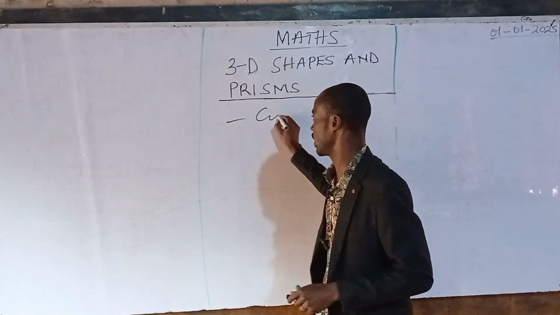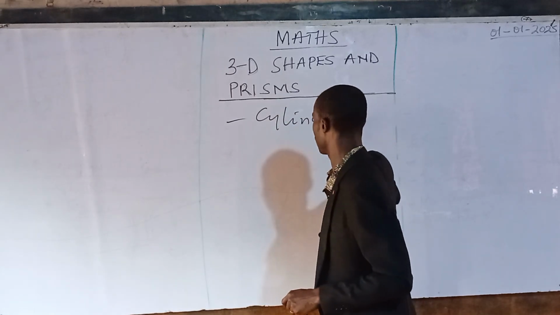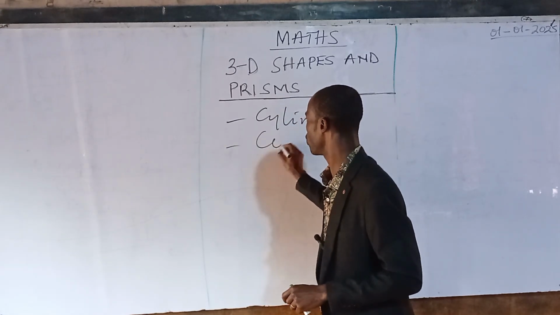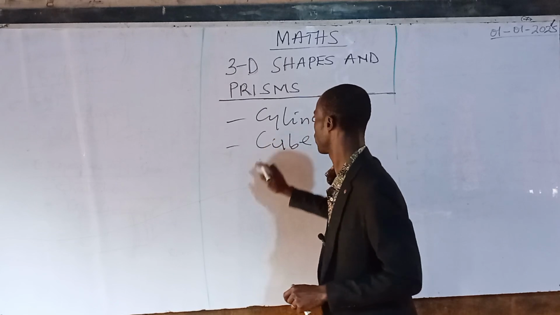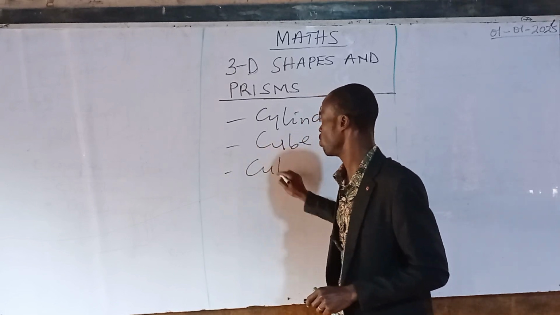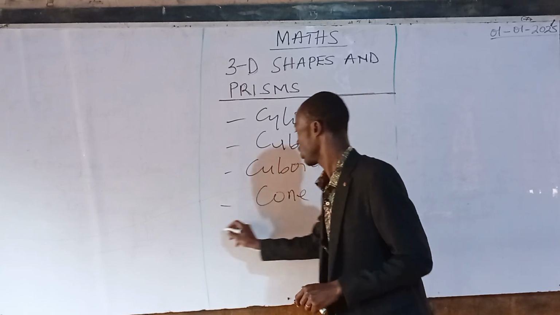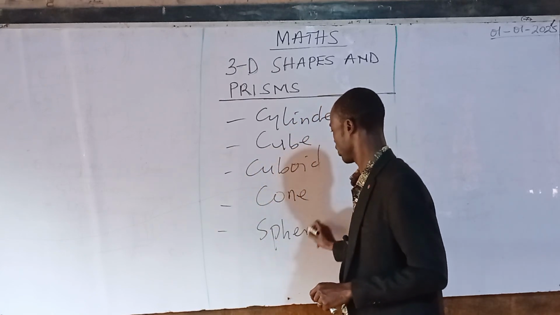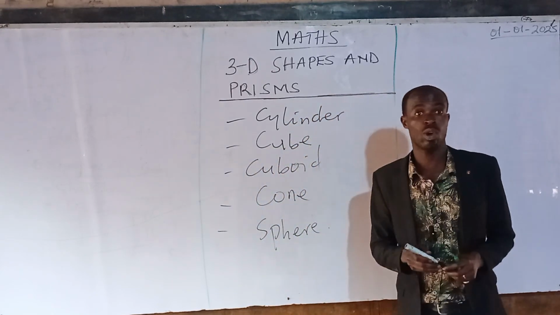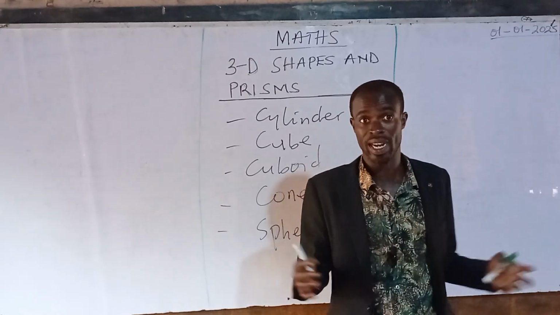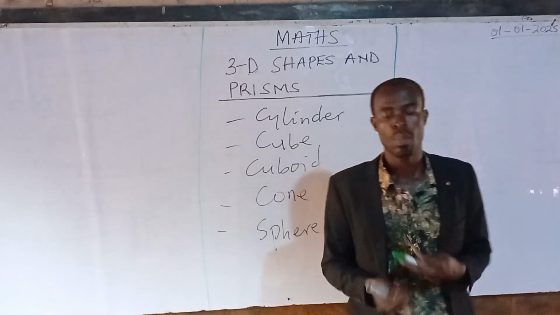The first one is cylinder, then cube, you have cuboid, cone, then sphere. So these are some common 3D shapes that you can find around us.